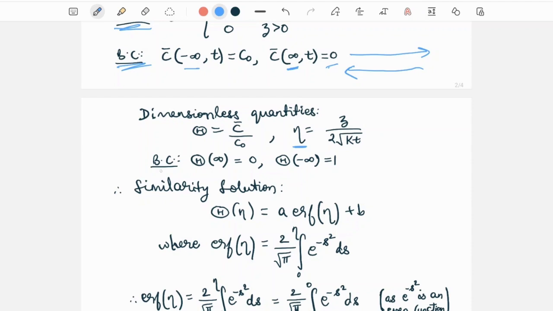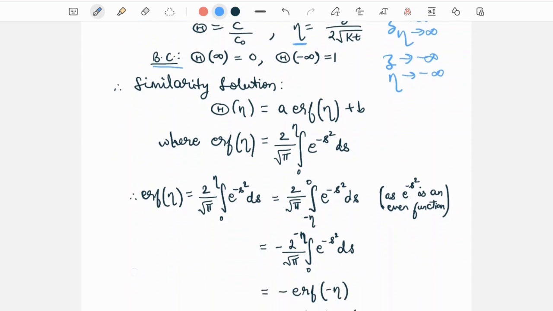Now if I write the boundary conditions in terms of these quantities, we can see that theta is now only dependent on the similarity variable, which is eta. So when z tends to infinity, eta also tends to infinity. When z tends to minus infinity, eta also tends to minus infinity. So that gives us the updated boundary conditions of theta at infinity equal to 0 and theta at minus infinity equal to 1.